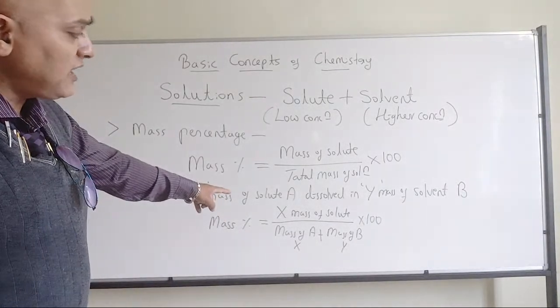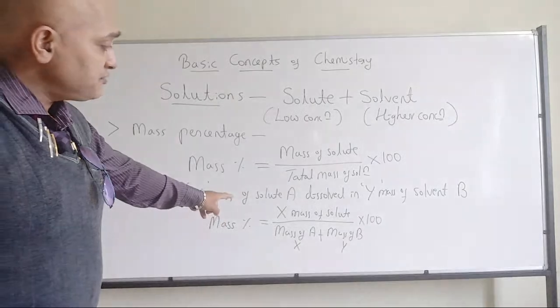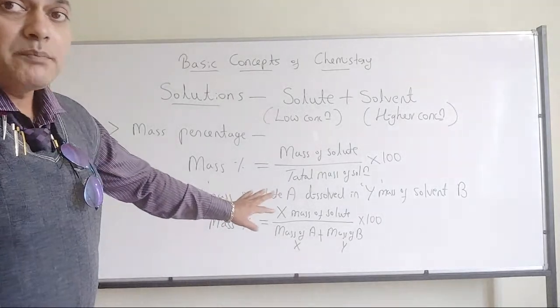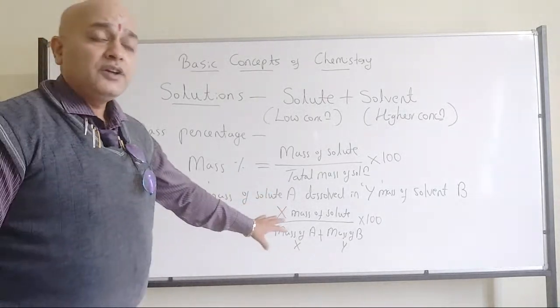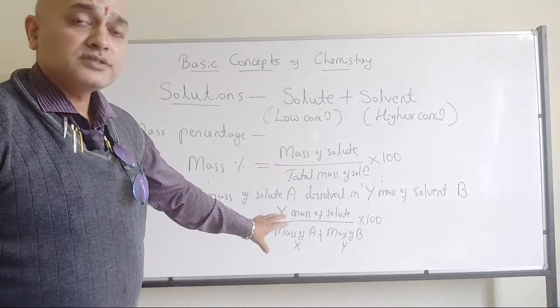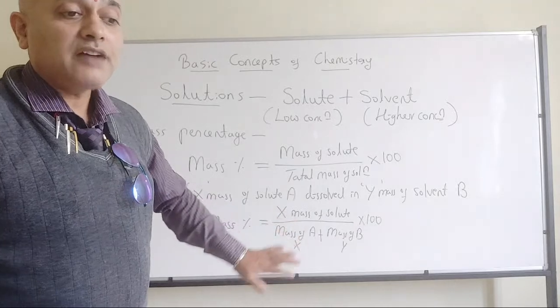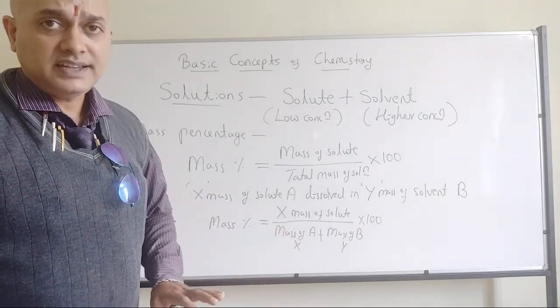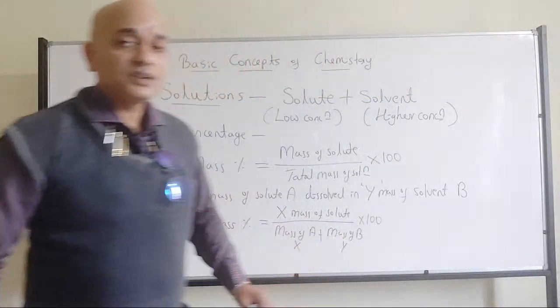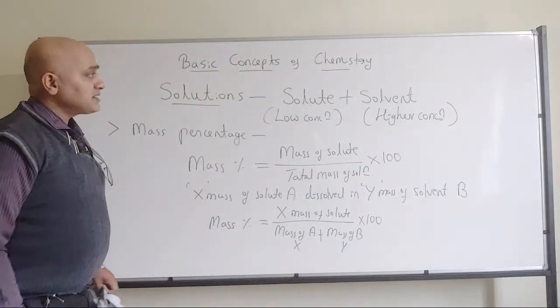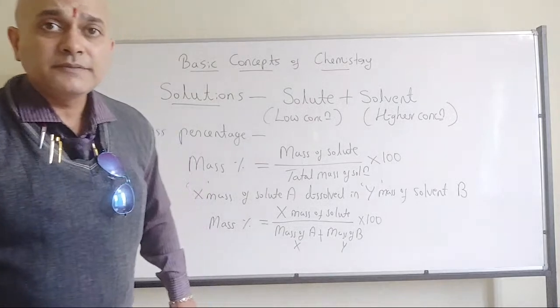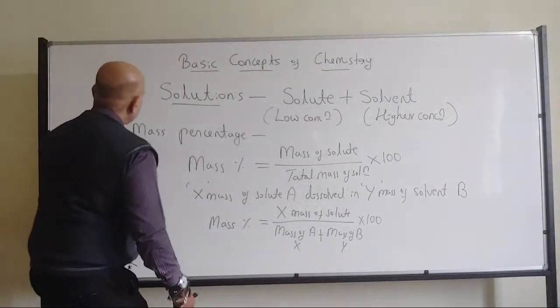Now if you see the denominator, mass of A and mass of B together will give the mass of solution. All of you have understood? So that's where we have the mass percentage. Okay? So that's where you will get the answer with respect to mass percentage. Any doubts in this?